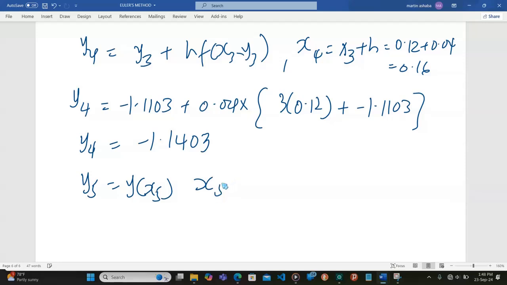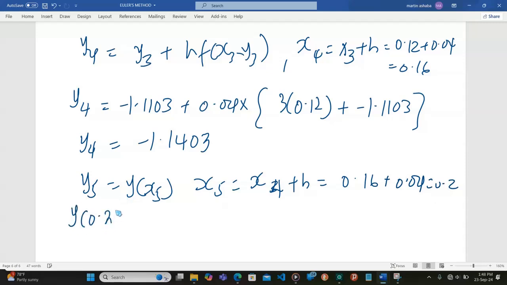But what is x5? x5 is equal to x4 plus h. That is 0.16 plus 0.04, which gives us 0.2. So we are looking for y of 0.2, and therefore that's where we are stopping according to the question. So y of 0.2 will equal y4, which is negative 1.1403, plus 0.04 times the value of f(x4, y4).